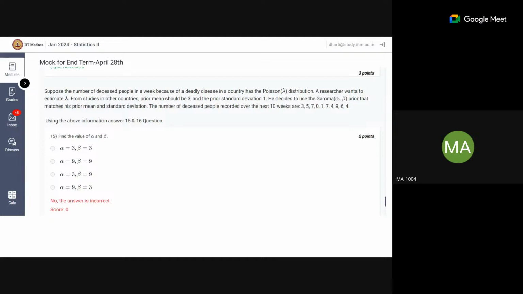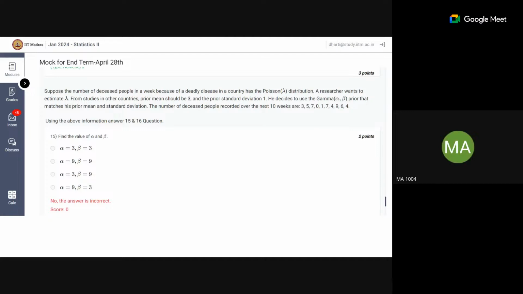For Bayesian estimation, we always need a prior distribution. They have given a prior mean of 3 and standard deviation of 1, and the researcher has decided on a gamma prior. So how do we relate these two statements?